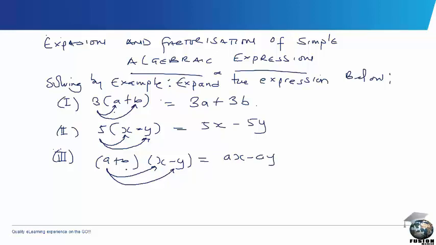And then b starts up and takes on x, and then you have plus bx, and then b moves again and takes on y, not just y, minus y, and you have minus by. So this is how you expand values.